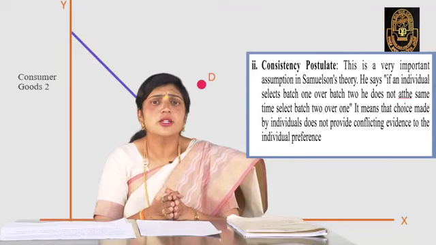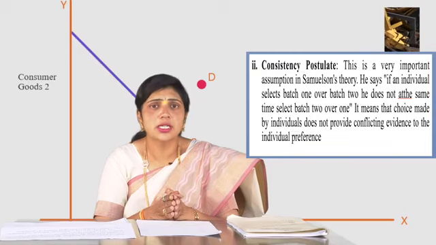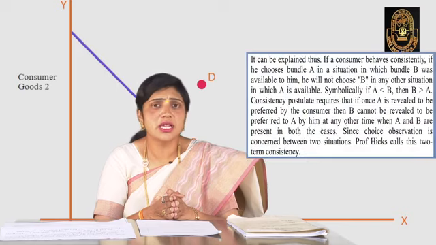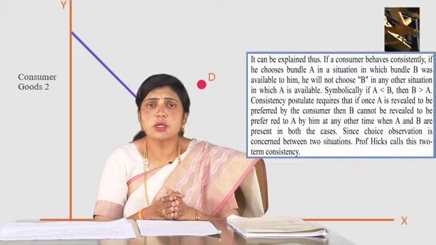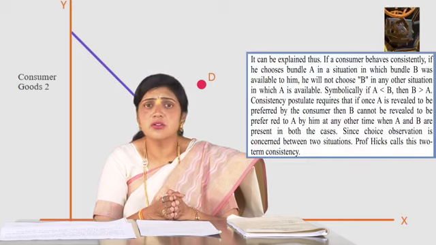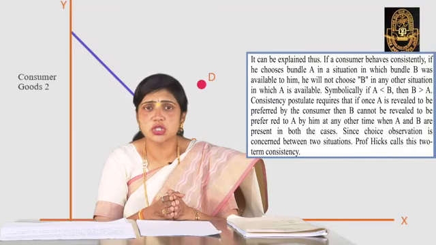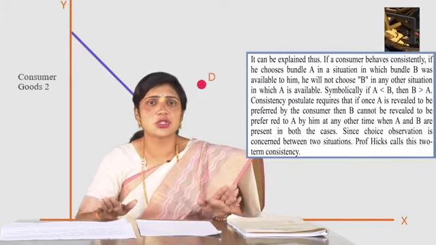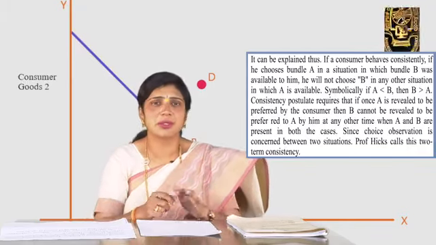It means that the choices made by individuals do not provide conflicting evidence of the individual's preference. It can be explained thus: if a consumer behaves consistently, if he chooses bundle A in a situation in which bundle B was available to him, he will not choose B in any other situation in which A is available.